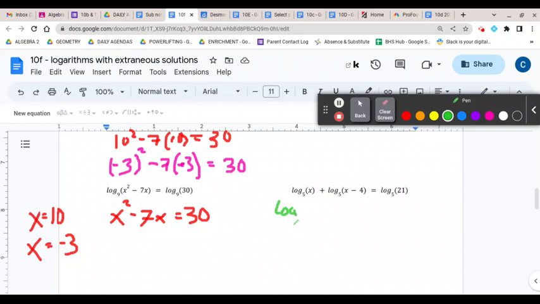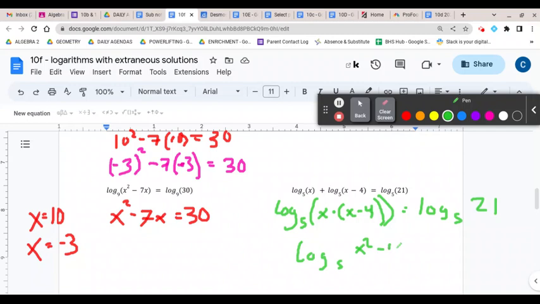So because we're adding these two things here, we can come in here, log base 5 of x times x minus 4, all inside that thing, is equal to log base 5 of 21. All right, simplifying this down, we have log base 5 of x squared minus 4x is going to be log base 5 of 21.